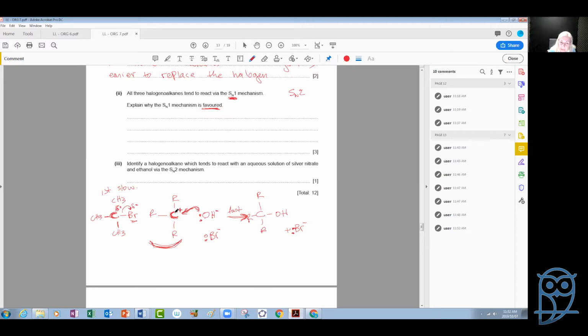Or we can say that because of this release of electrons, or the pushing of electrons towards this carbocation carbon, they tend to attract this positive charge on the carbon equally.